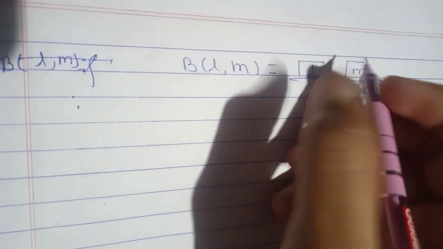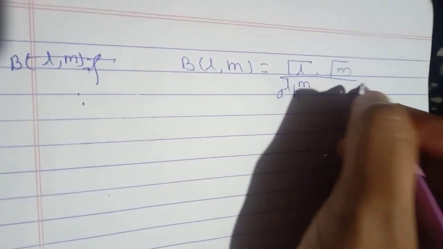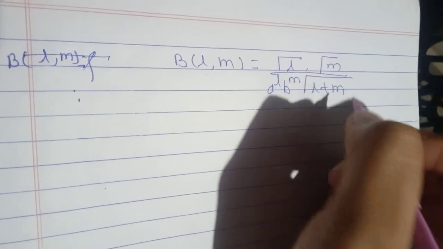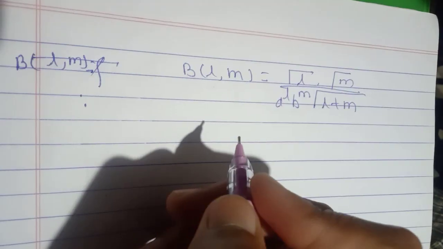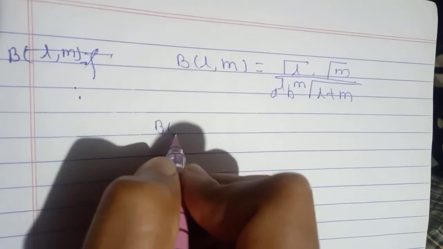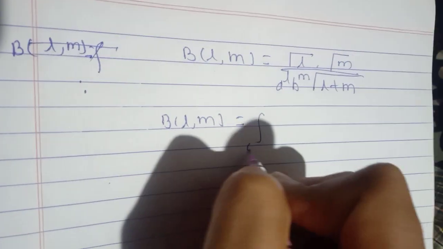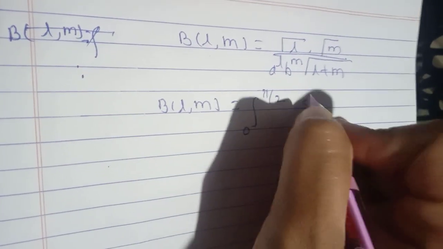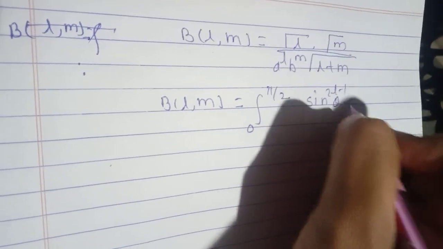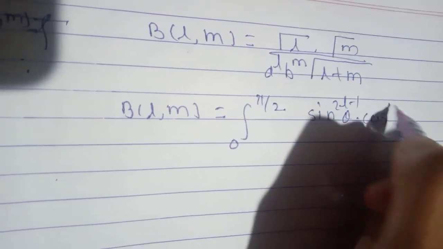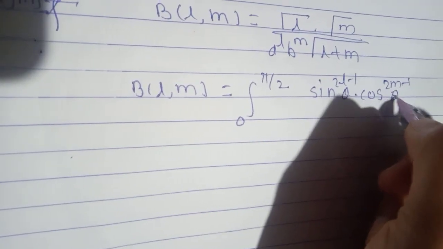We see transformation forms of beta function, that is beta of L and M is equal to gamma of L into gamma of M divided by a raised to L into b raised to M into gamma of L plus M. Then the second transformation form is beta of L and M is equal to integration 0 to pi by 2 sine 2L minus 1 theta into cos 2m minus 1 theta d theta.